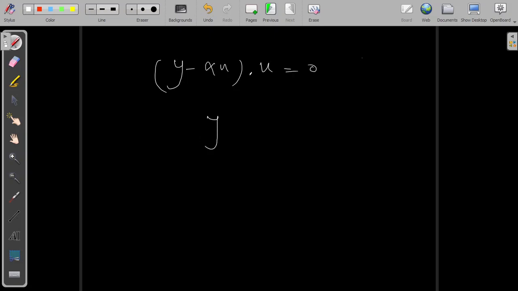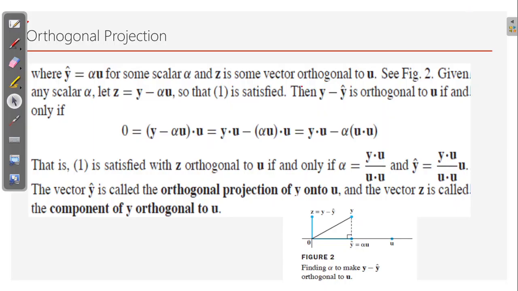That means y dot u minus alpha u dot u equals 0. That means this is the equation 1, that is y equals y cap plus z.